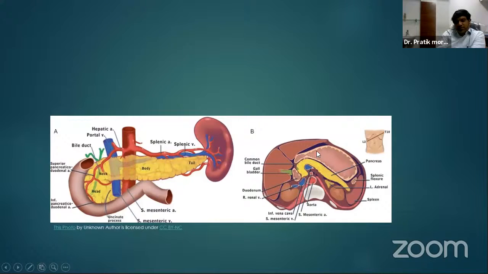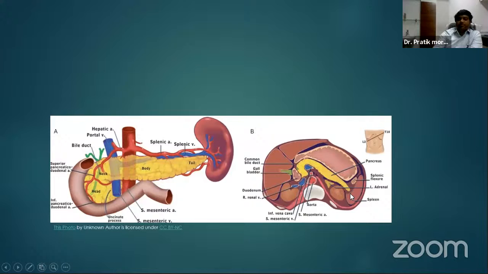This major one is the stomach. This is the anterior side. So liver, stomach, pancreas, then the mesenteric vessels, and in the extreme posterior, the vessels running side by side are the abdominal aorta and the IVC. Simple. These two things are the kidneys.